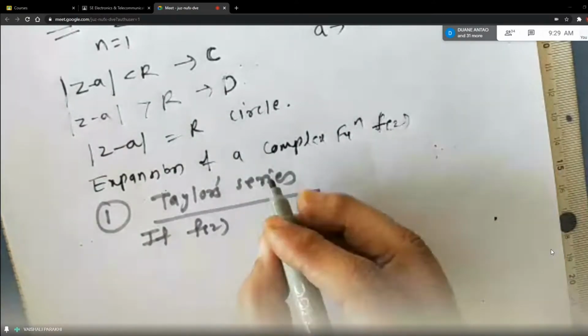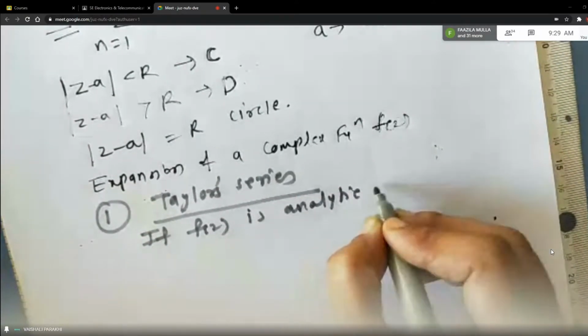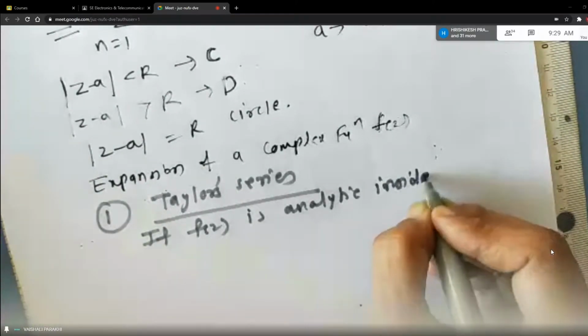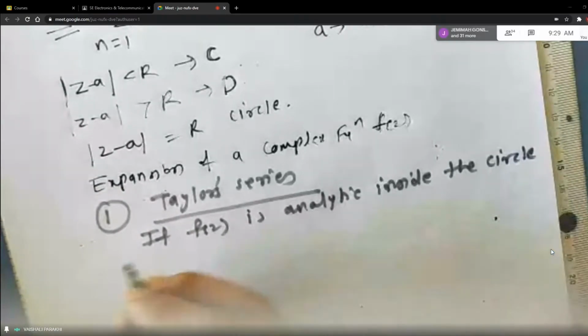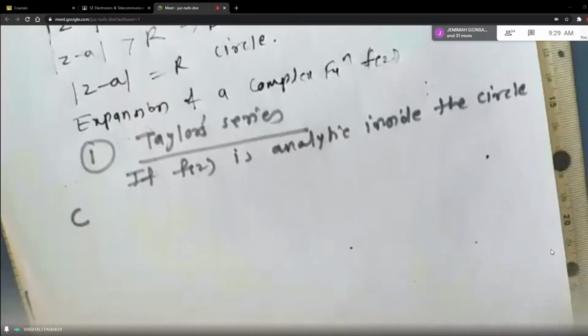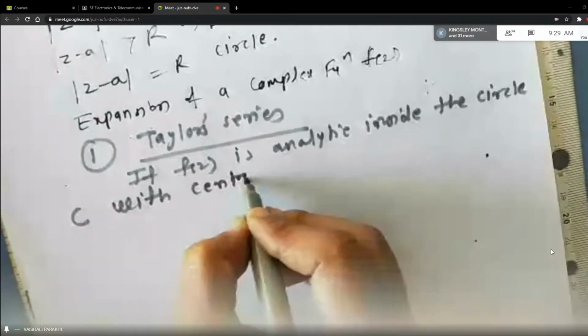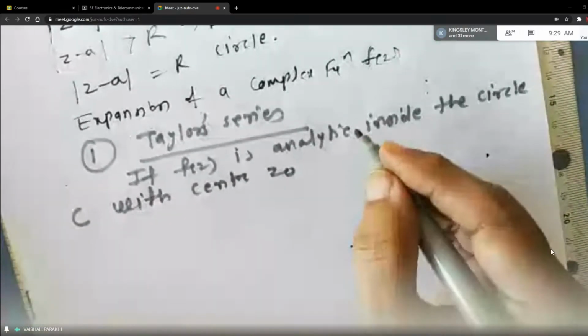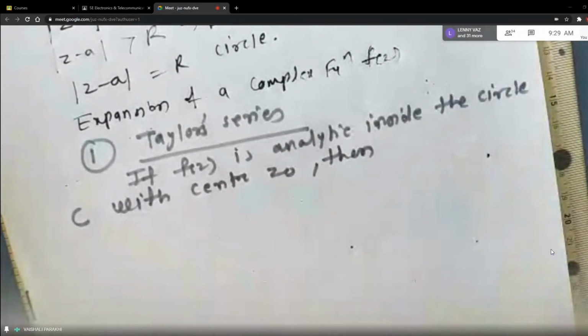Okay, so if f of z is analytic inside the circle C, capital C, with center z naught, then I'm giving you the statement of Taylor series, students.